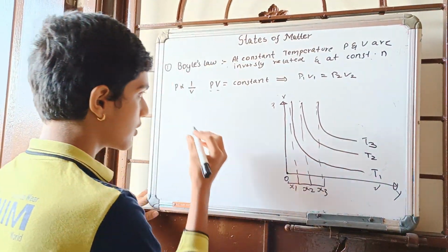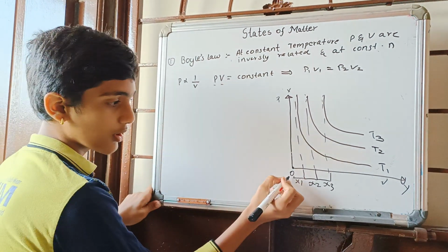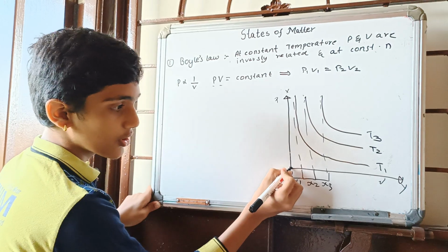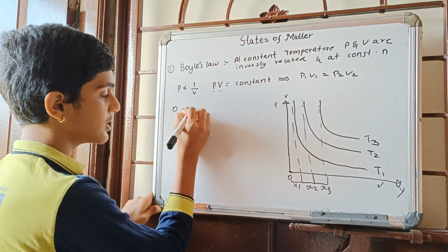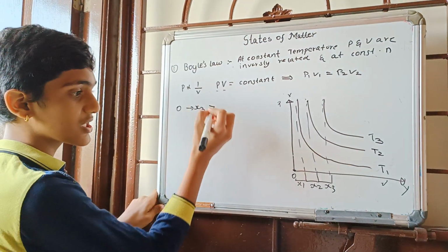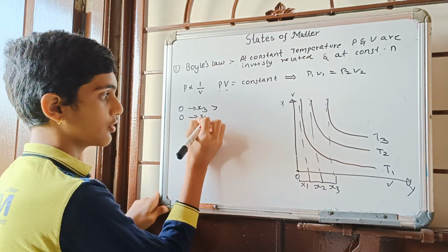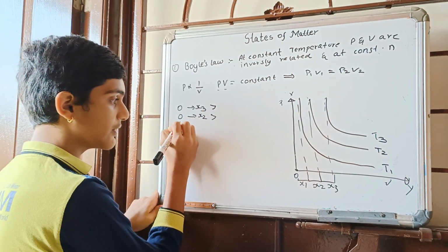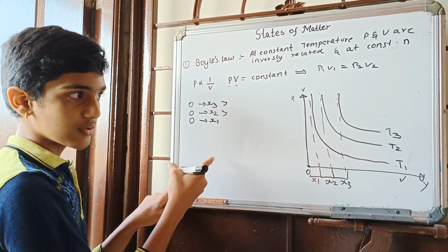Now you know from origin to x3, the distance is greater than the distance from origin to x2, which is greater than the distance from origin to x1. Yeah, we can say this.